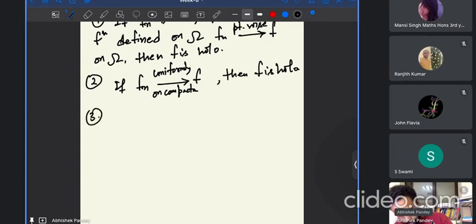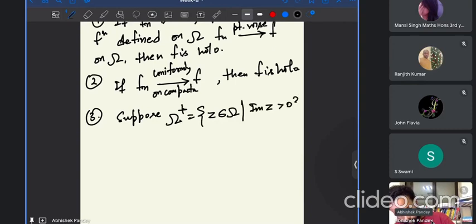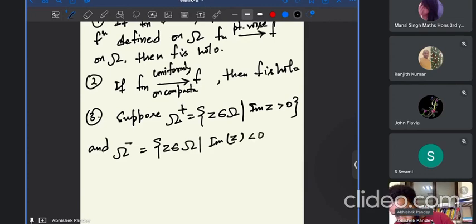Third, suppose omega plus is the set of z belonging to omega such that the imaginary part of z is positive, and omega minus is the set of z belonging to omega such that the imaginary part of z is negative.